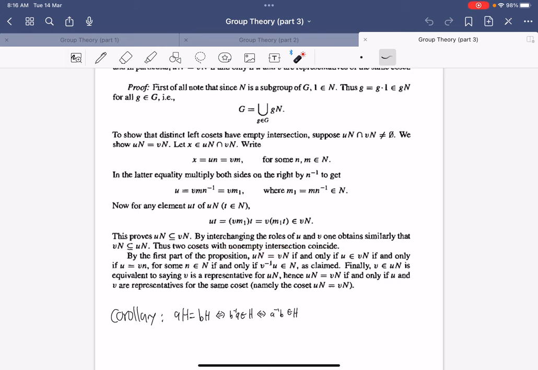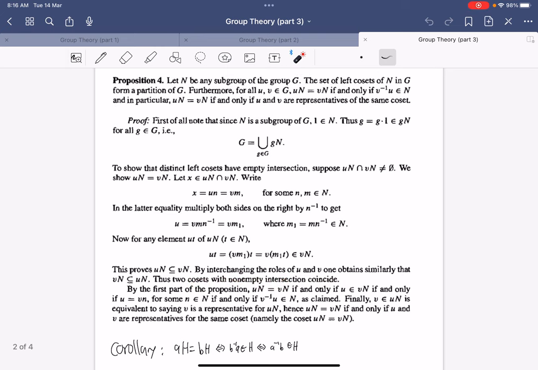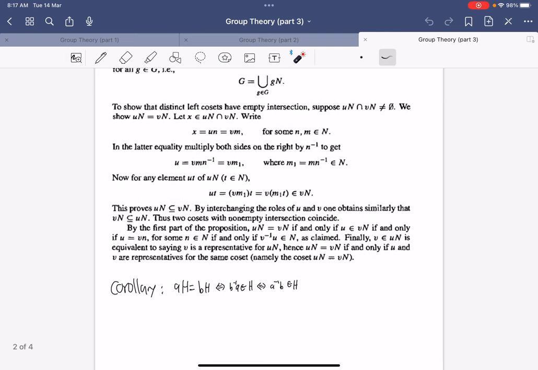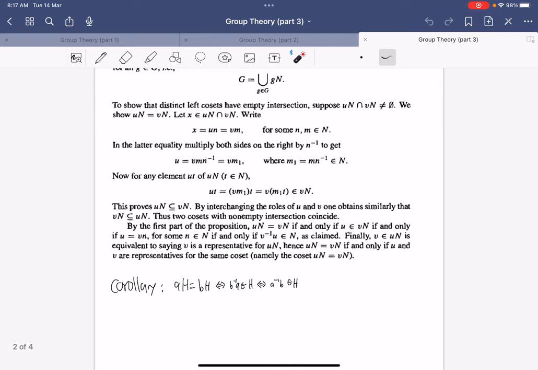And we are done with proving that these left cosets form a partition. With every partition, you can form an equivalence relation, which we will talk about later on. So uN equals vN if and only if u is an element of vN.